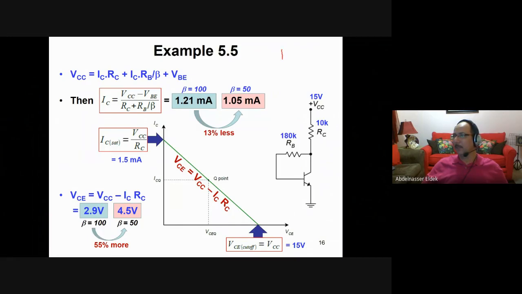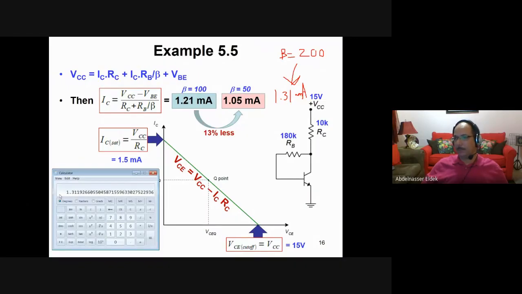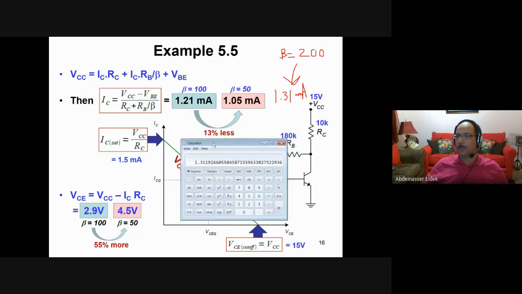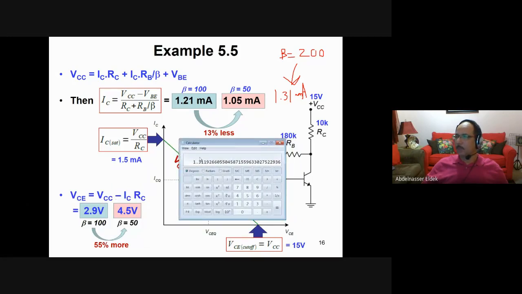So if beta is 200, this is 1.31 milliamp. And now when you substitute in this equation, then VCE equal what?